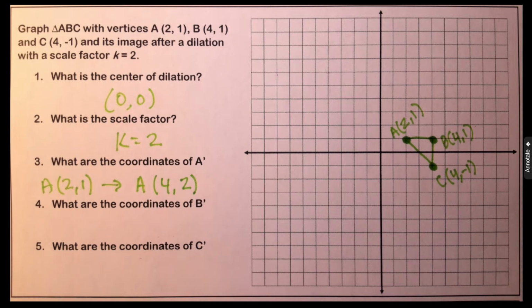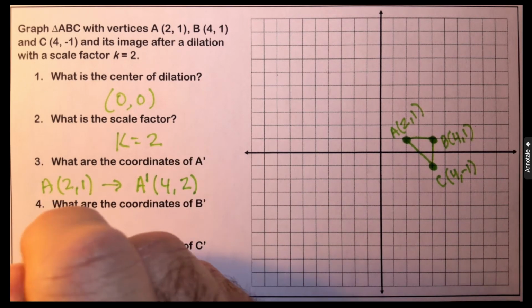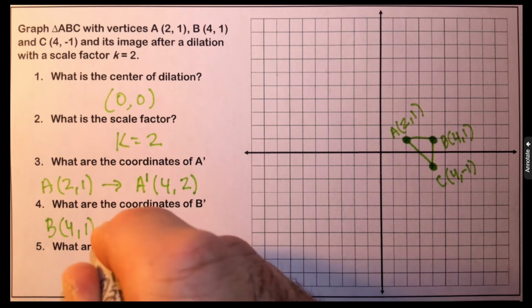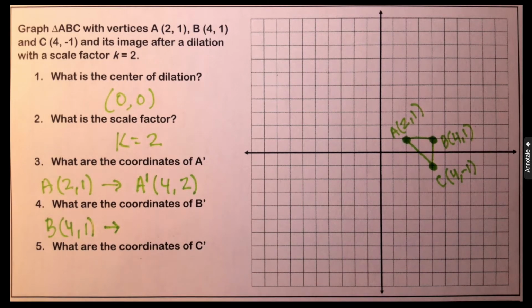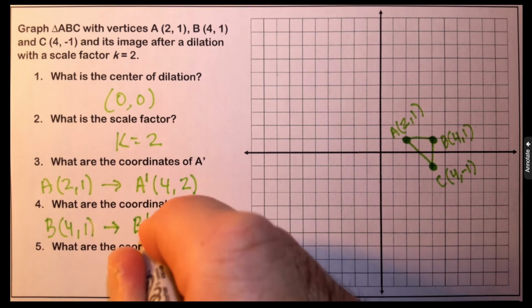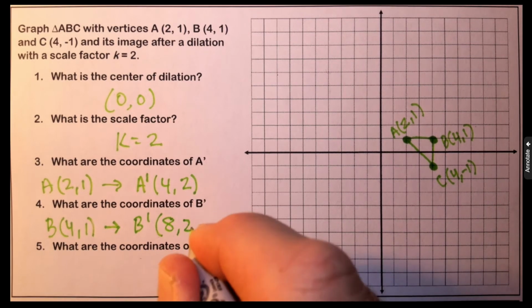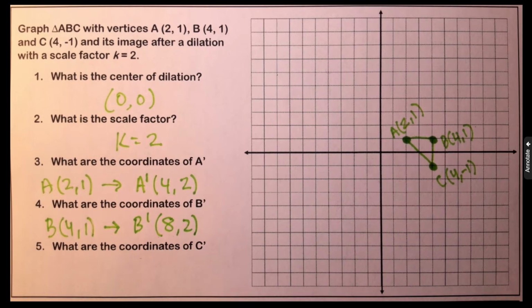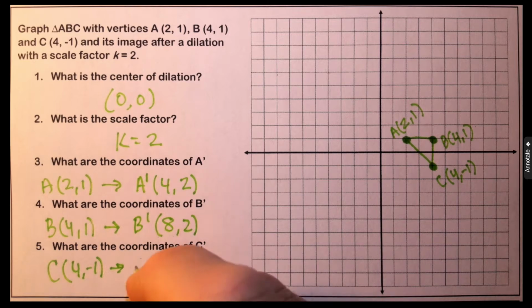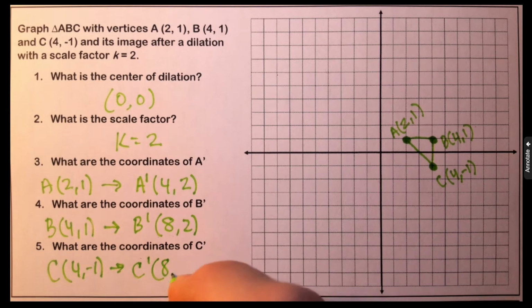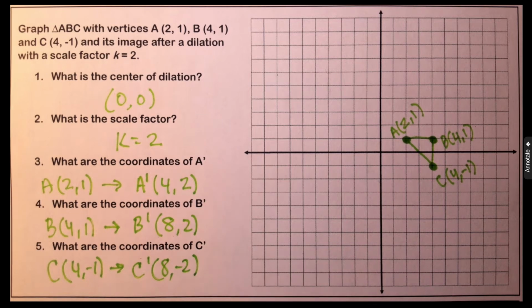For B prime, we have B at 4, 1, and with a scale factor of 2, that puts B prime at 8, 2. And for C prime, we have point C at 4, -1, and with a scale factor of 2, that means C prime will be at 8, -2.